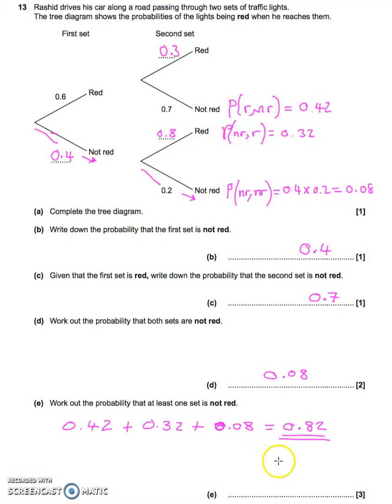And that is our probability that at least one set is not red. Because this is where you get 2 not reds, this way you get 1 not red, and this way you get 1 not red. This is the only way you don't get a not red set of lights. So 0.82 is our answer. Cheeky.